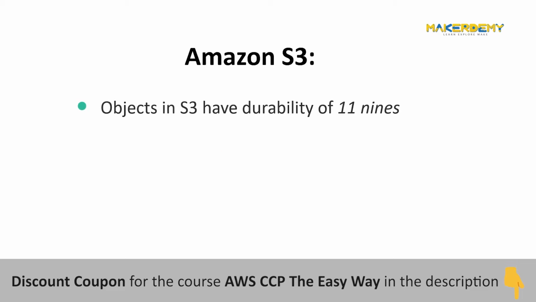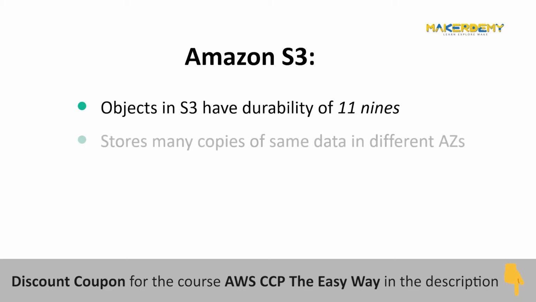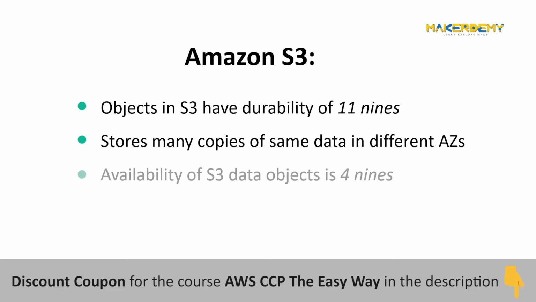Objects stored in S3 have a durability of 11 nines, that is 99.999999999%, and so the likelihood of losing data is extremely rare, and this is down to the fact that S3 stores numerous copies of the same data in different availability zones. The availability of S3 data objects is currently 4 nines, that is 99.99%.